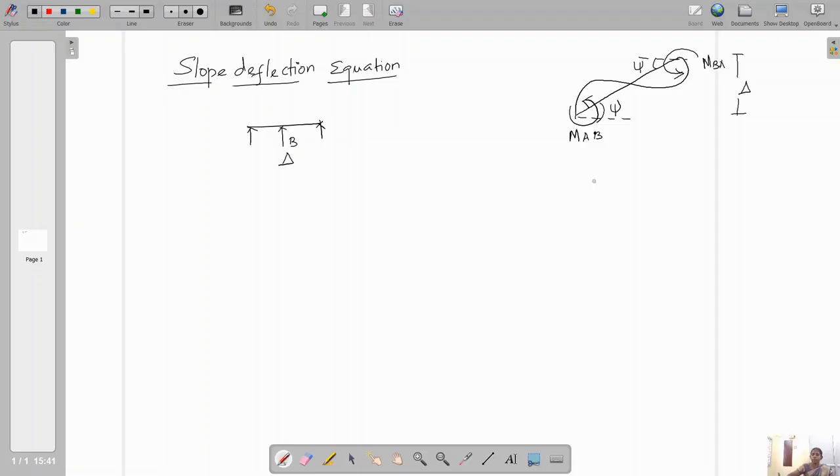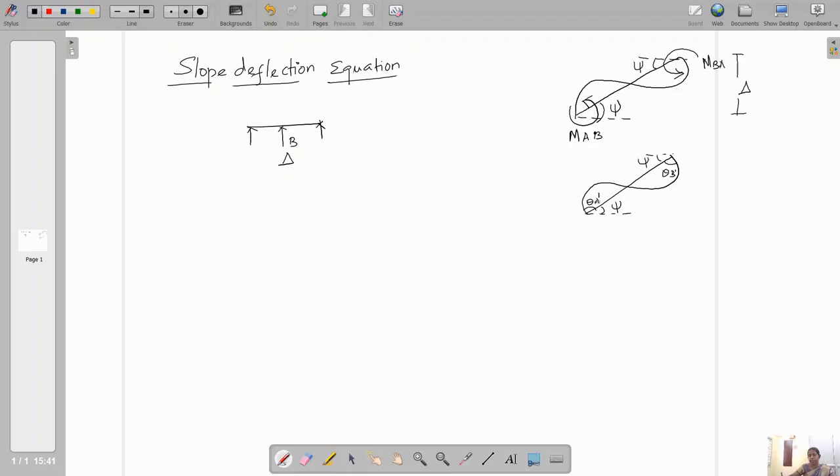This rotation, I am going to draw another diagram. Our rotation is like this. With respect to horizontal, it is psi. Here also psi. The rotation here I am mentioning as theta A dash. Here theta B dash.